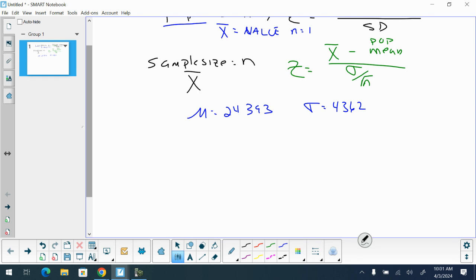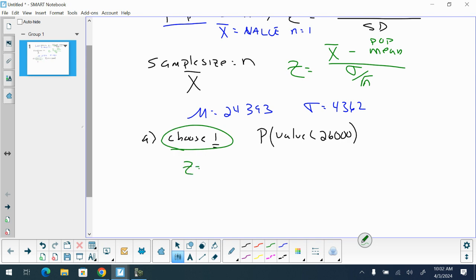In part A, we are choosing one person and determining if that person earned less than $26,000. So we're trying to figure out, is this person earned less than $26,000? So we are just looking at one piece of data.